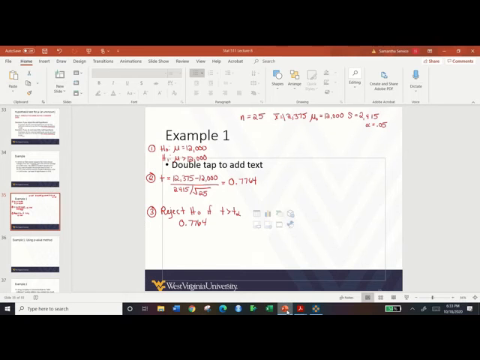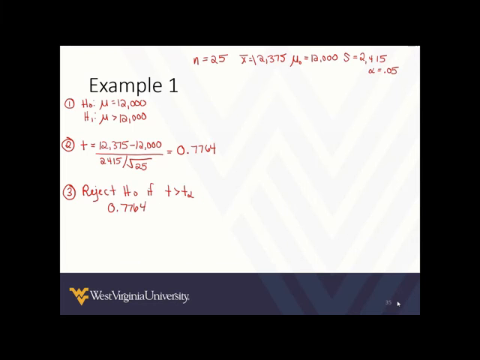Going back to our slides, we now know that t alpha is 1.7109, which we can see is not greater than, or rather, sorry, our 0.7764 is not greater than 1.7109. So therefore, we can safely fail to reject our null hypothesis.